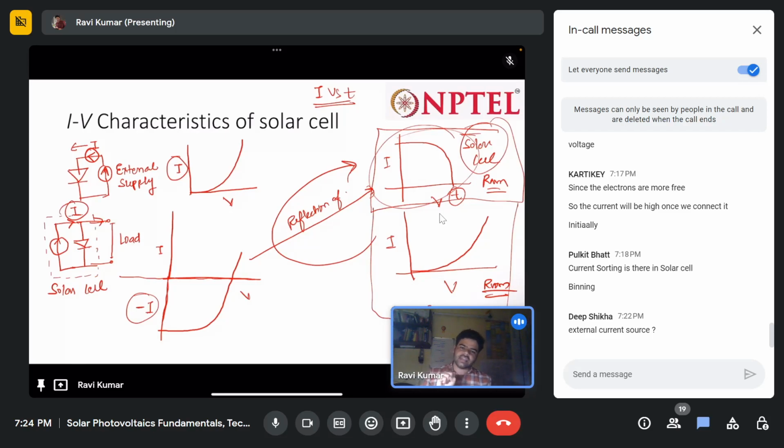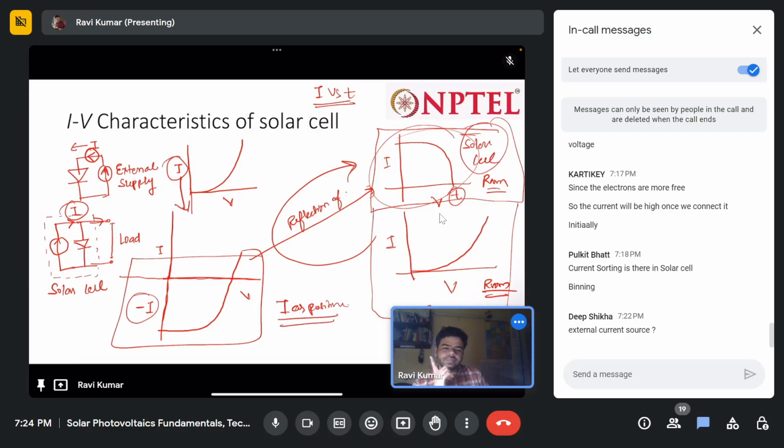We are receiving that current, so that current is negative in terms of direction. We are just shifting this curve to the downside, and this is the shifted curve. And for simplicity, we reflect it with respect to the x-axis, so we take I as positive.